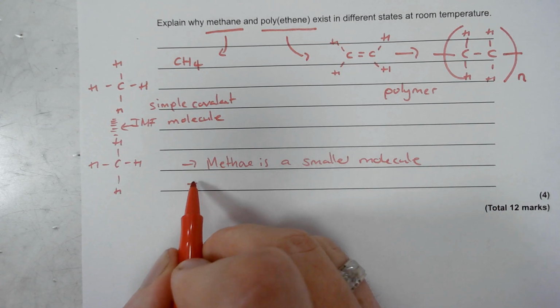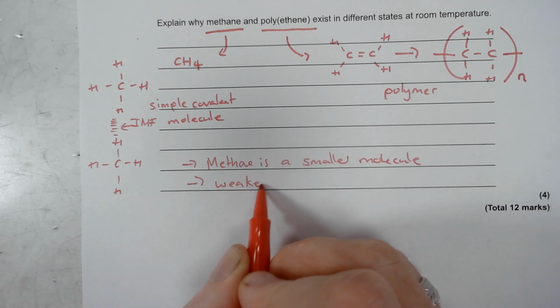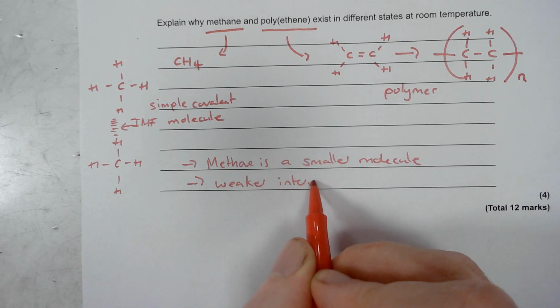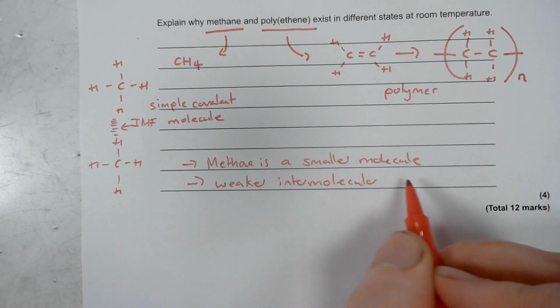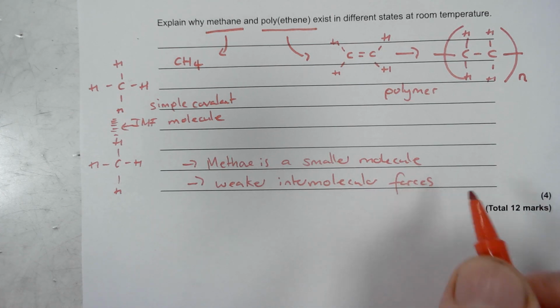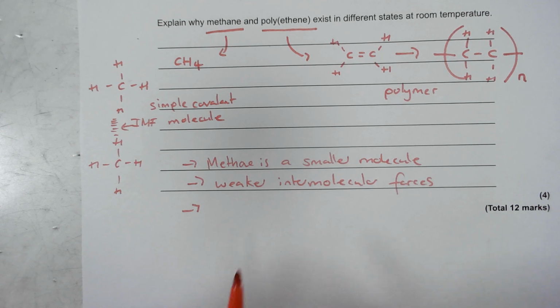And I'm going to say that means that it has weaker intermolecular forces. This point here is really important, right? So you can always say this when you're talking about boiling point.